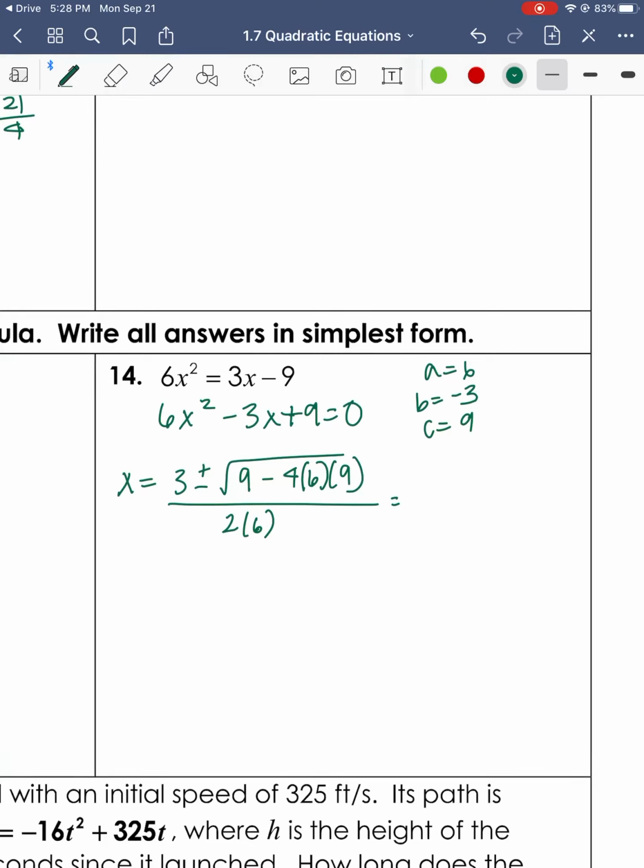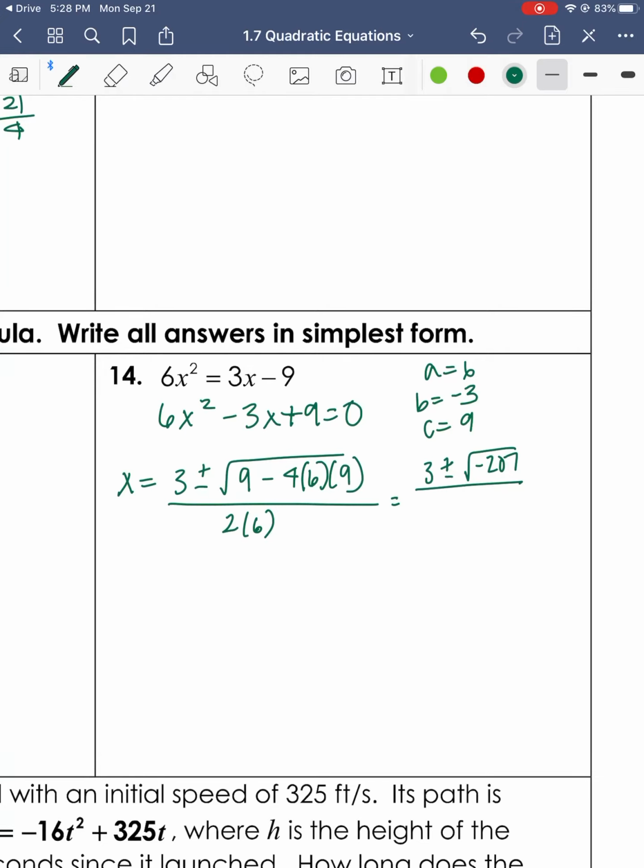Let's simplify these multiplications here. So we have 3 plus or minus the square root of 9 minus 4 times 6 times 9. I'm just going to use my calculator here. 4 times 6 times 9 is 216. 9 minus 216 is equal to negative 207. So the square root of negative 207.